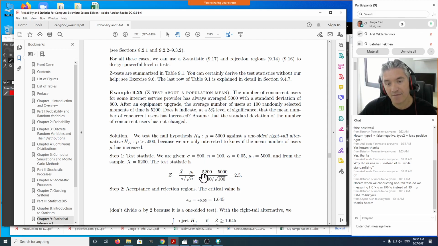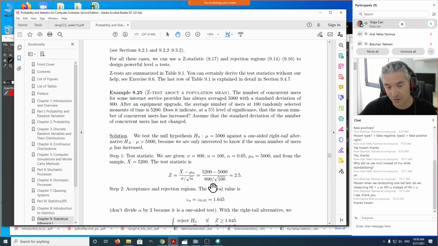And indeed, when we do it for the values given to us, the average was 5,200, assuming that the null hypothesis is true, mu was given to us as 5,000. This z value is basically asking: this 5,200, how many standard errors is it larger than 5,000?